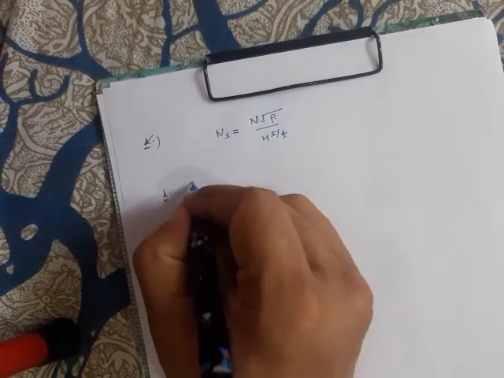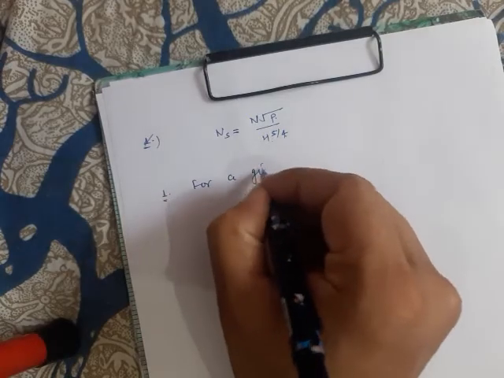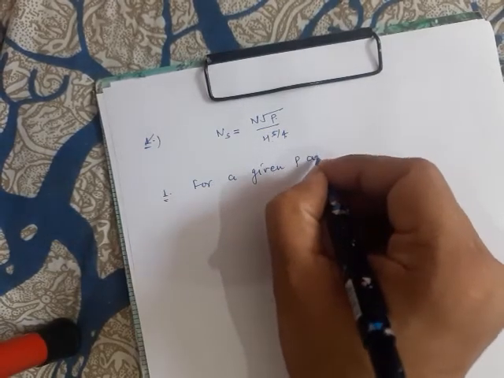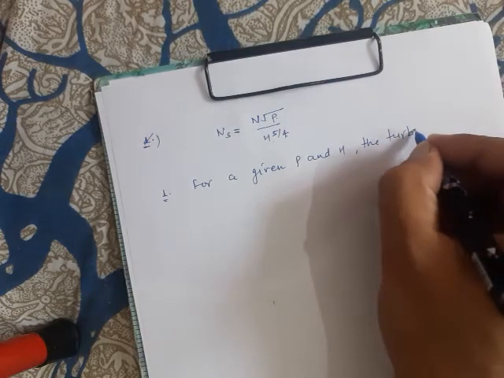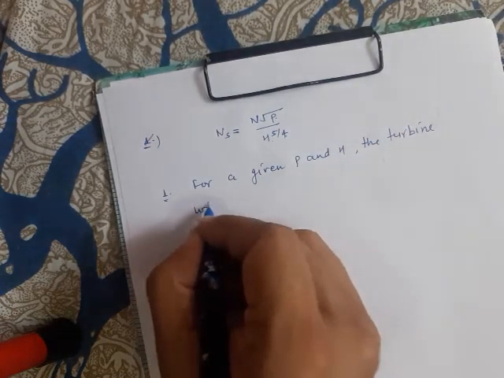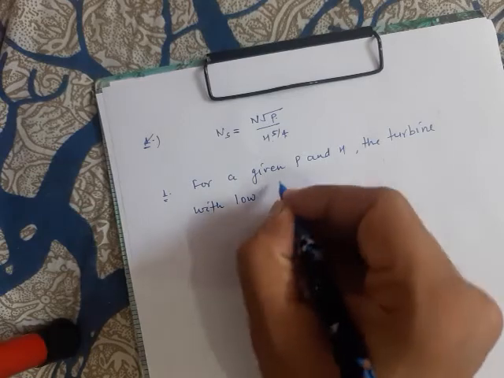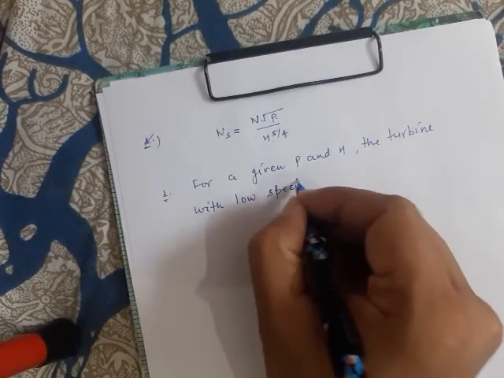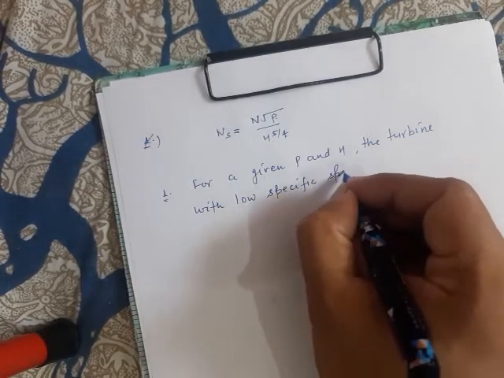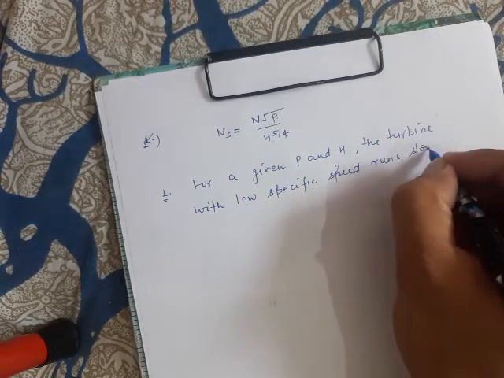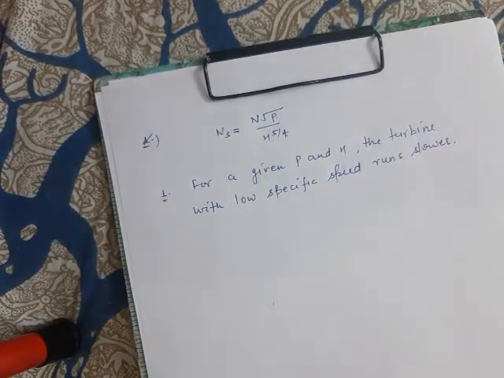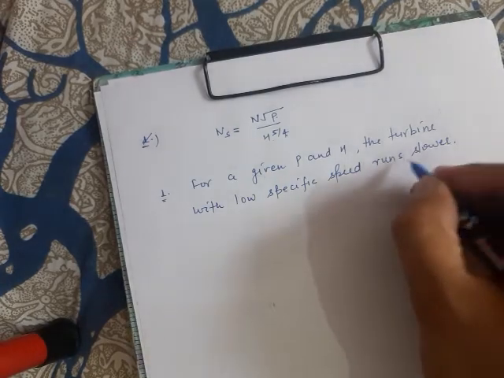Please note, for a given P and H, the turbine with low specific speed runs slower, that is, has low RPM.